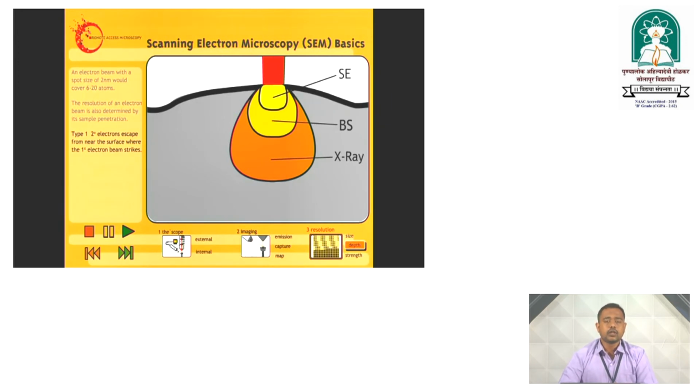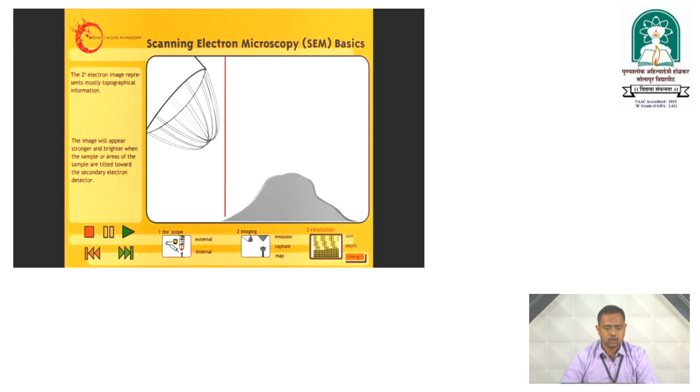The electrons which do not properly come out from the surface after the interaction come out in the form of X-rays, and they are detected by the X-ray detector. We use those X-rays for crystallographic studies, and also for elemental detection, which is called energy dispersive spectroscopy.